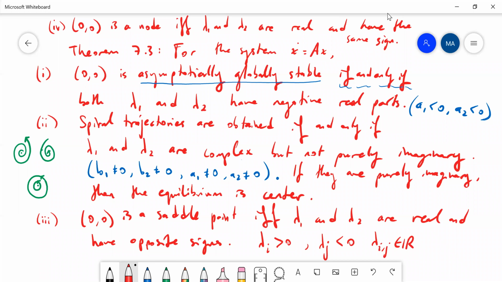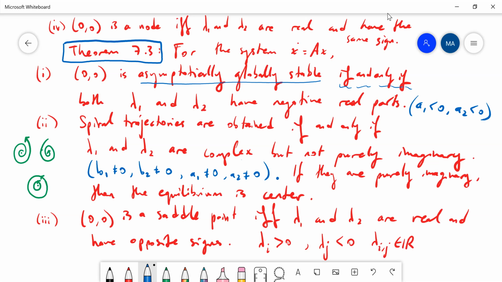Okay? So in general, we require real parts to have negative signs for stability. Okay? And then there are different types of the system. I don't want you to memorize all these things, but once you keep on working, you learn and you remember why it is saddle, why it is spiral, why it is a center, etc. Okay?